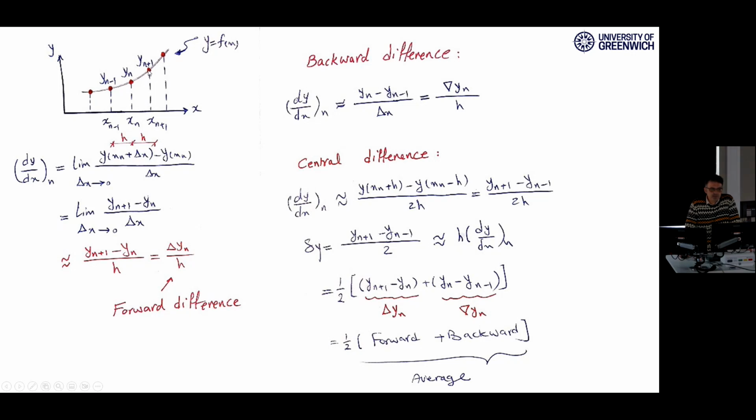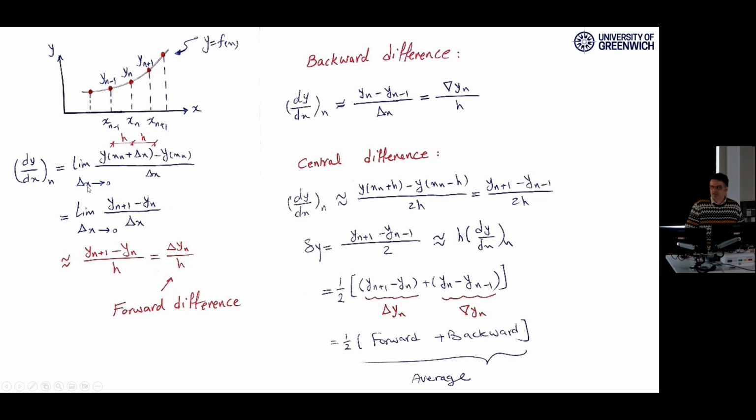This is yn plus 1. Just for simplicity, I named it yn plus 1, which means the next data. I would call the other the previous data. This is the point at which we are going to write the derivative. This is the next data minus the data at my point, divided by delta x. This is the definition of the derivative.